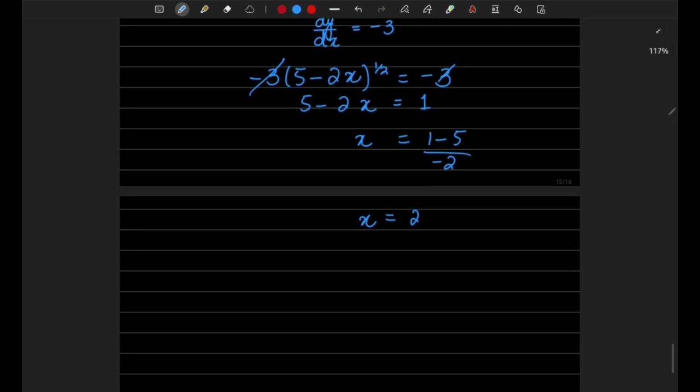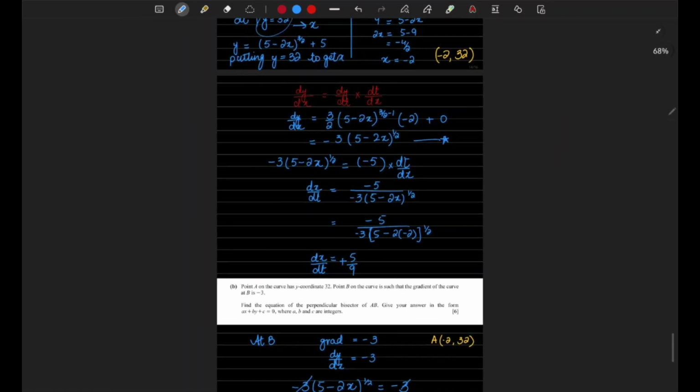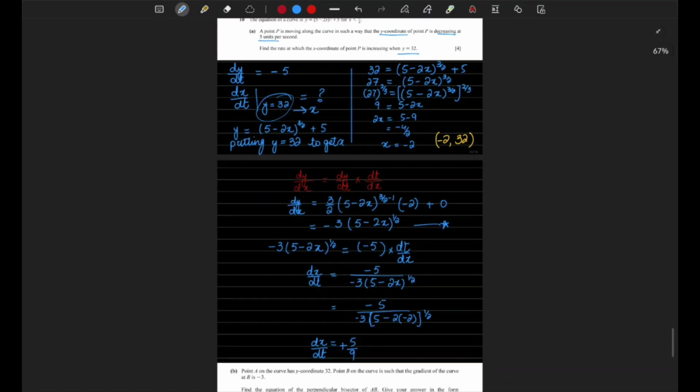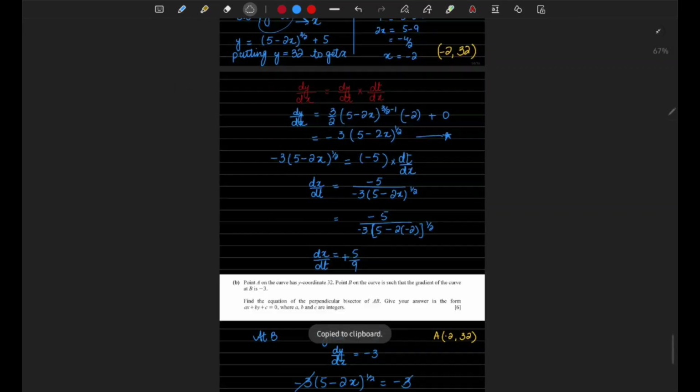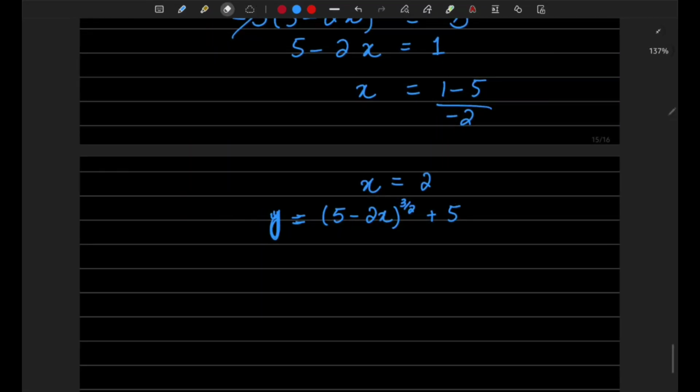Now substitute this in the y curve equation. And what is y? The equation of the curve is this one. So if x equals 2, then y will be equal to 5 minus 2 times 2 to the power 3 over 2 plus 5.